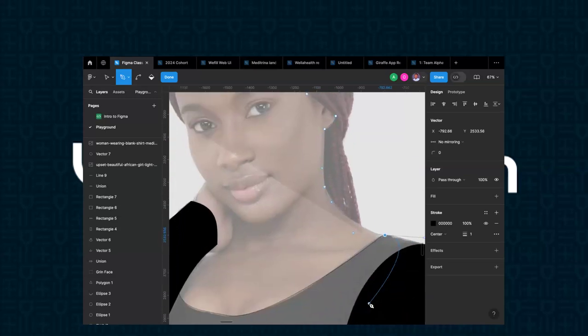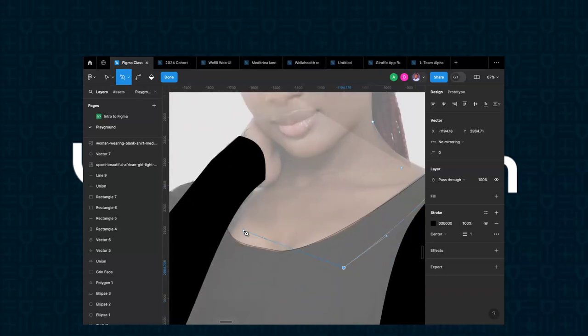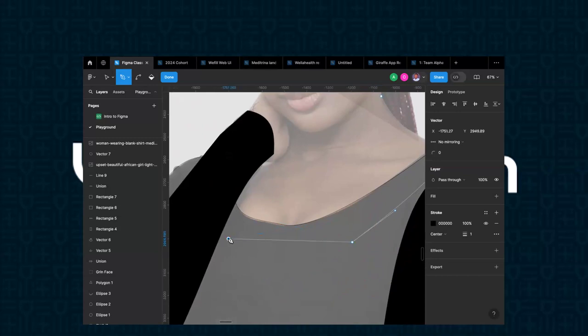Nice. And then I'm going to make some adjustments because the shirt is already covered here. I don't need to be so strict with the other one. I can just do it like this, do it like that. But I'll have to come back here because this one is no longer covering it.